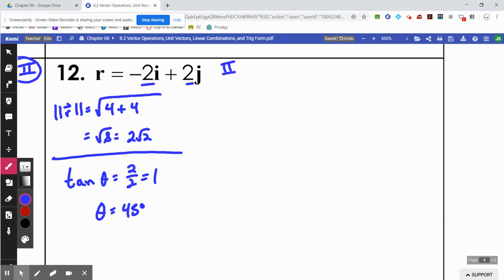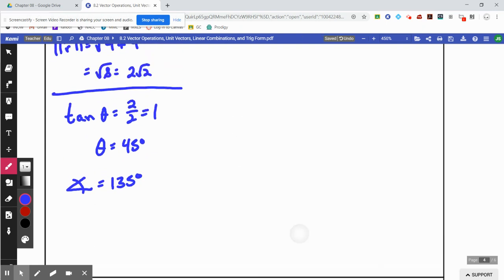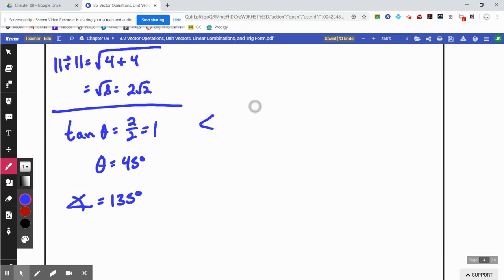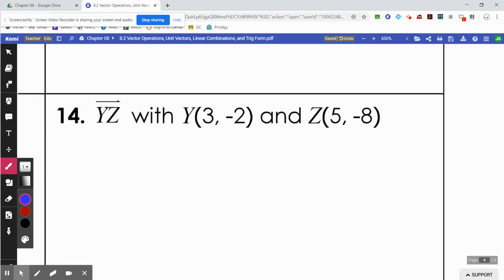Negative 2, comma, positive 2 is going to throw us in the second quadrant, so I'm going to do 180 minus that, so my directional angle is actually 135 degrees. So therefore, my vector is going to be the magnitude, which was 2 root 2, times the cosine of 135, comma, the magnitude times the sine of 135. So there is your trig form.